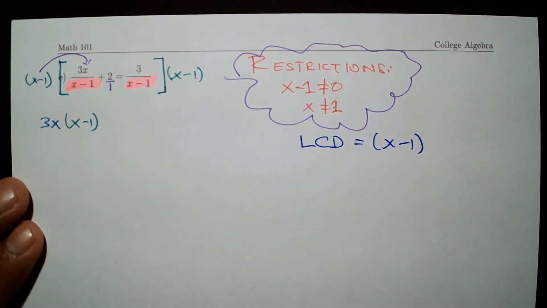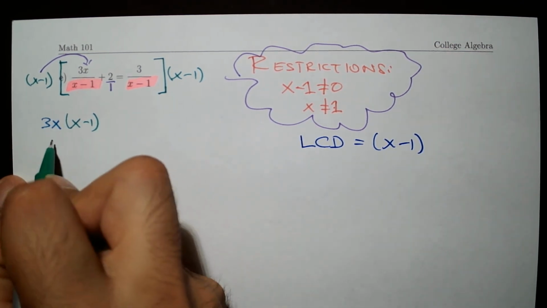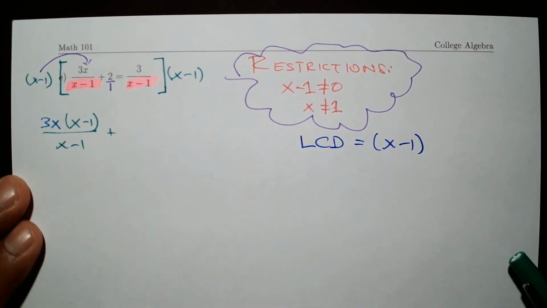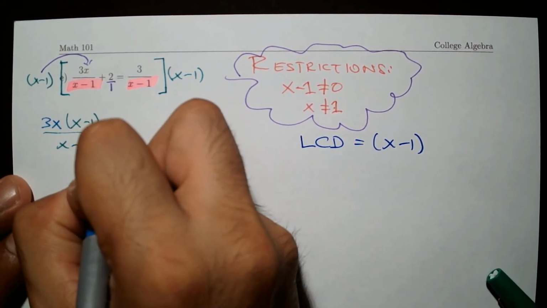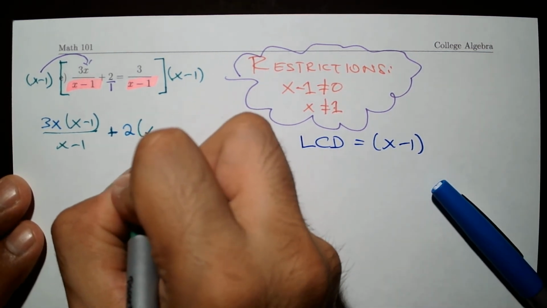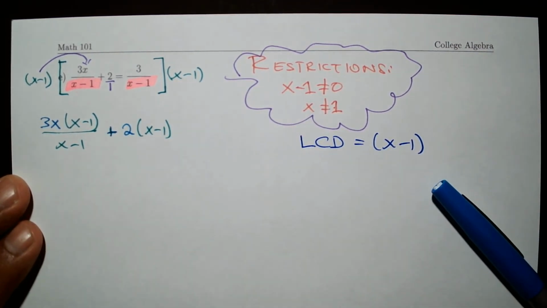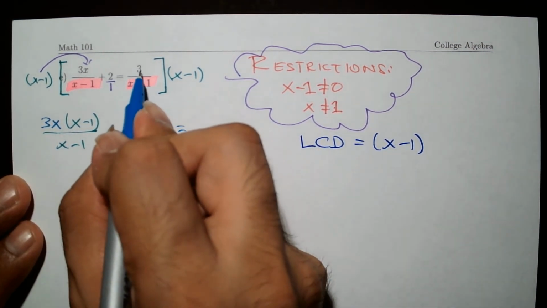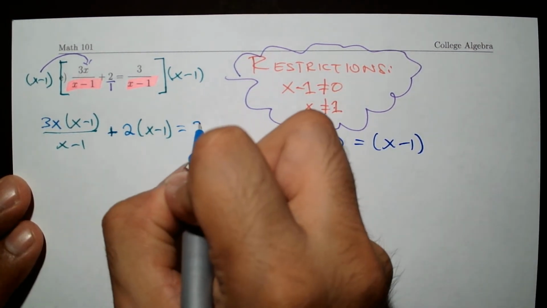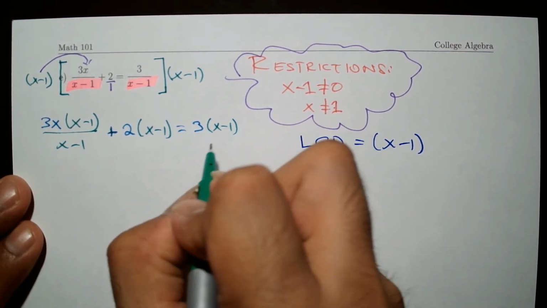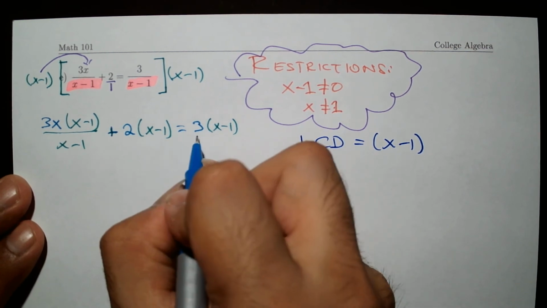Okay, 3x times x minus 1 divided by x minus 1, plus 2 times x minus 1, which is equal to the quantity 3 times x minus 1 divided by x minus 1.